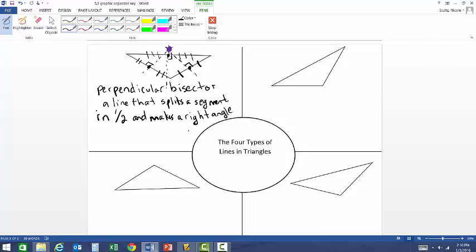Those ones tend to give kids the hardest time, but perpendicular bisector, think of it as 2 words. So it should do 2 things. It both bisects or splits in half, and it's perpendicular or makes a right angle. And there are 3 of them in every triangle.